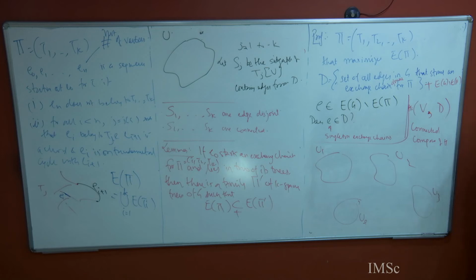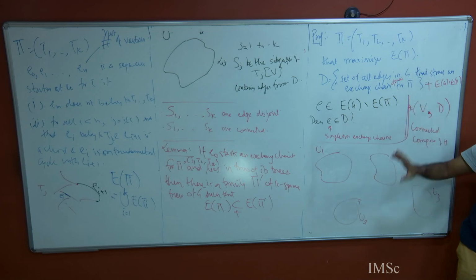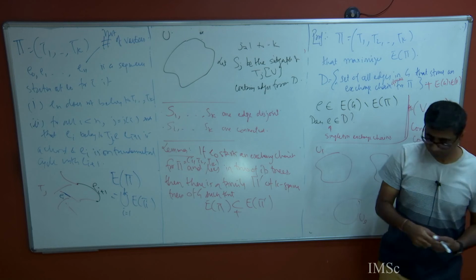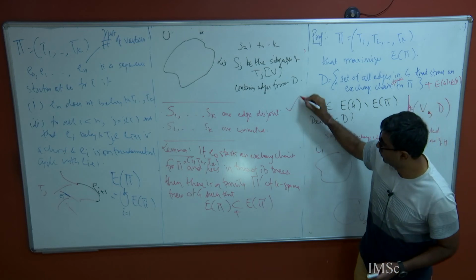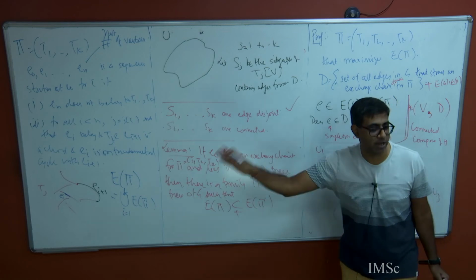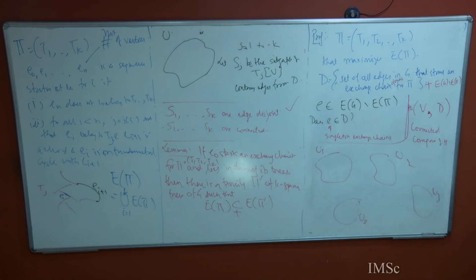But that contradicts the fact that we started with the set of trees which maximizes E pi. So if we prove this lemma, this is fine. I'm just trying to bring down whatever we need and then go back and prove those things, with as little clumsiness as possible.